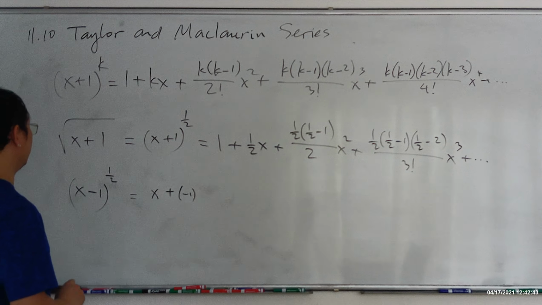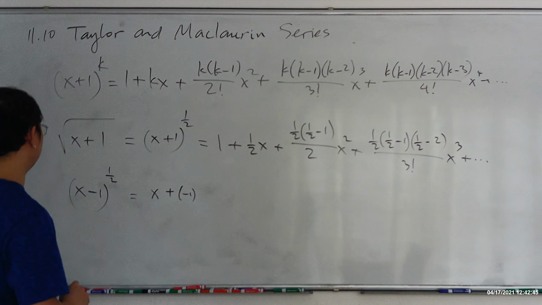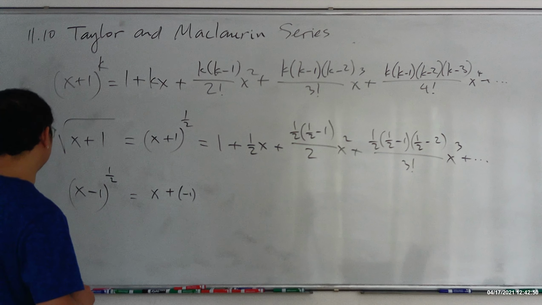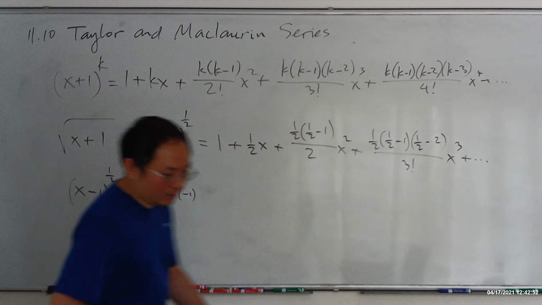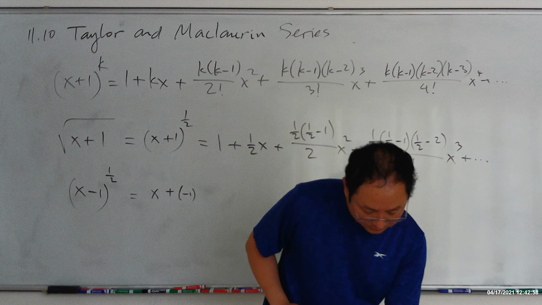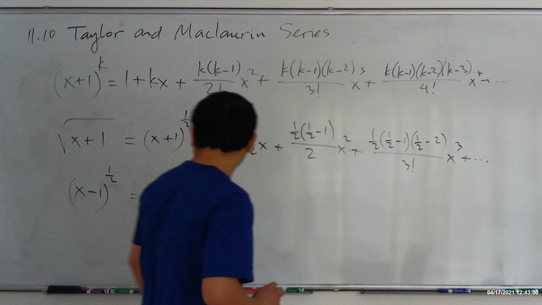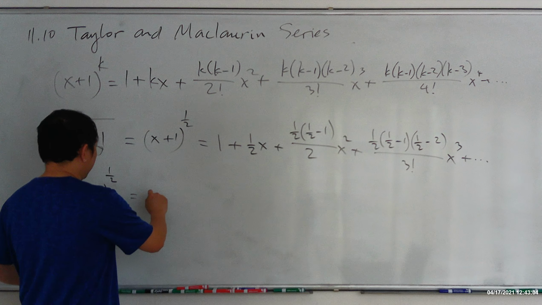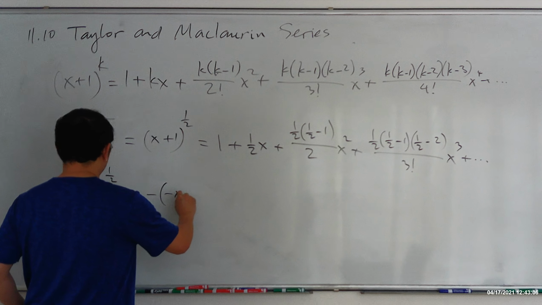Does that work? And let's raise to the 1/2. No, I cannot write it that way. Let me think. I have to write it this way: negative of negative x plus 1.